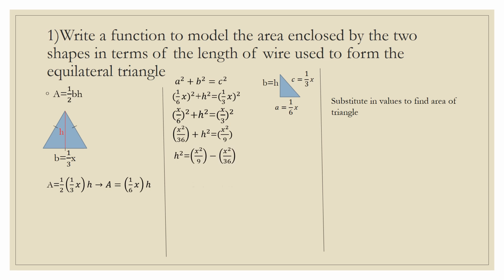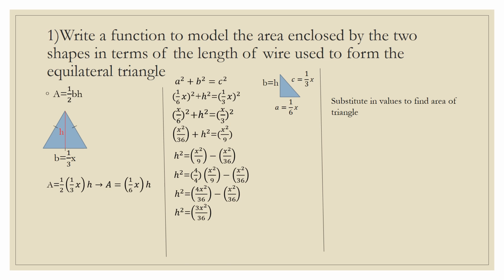Subtract x squared over 36 from both sides to get h squared equals x squared over 9 minus x squared over 36. In order to subtract, we must find a common denominator, so multiply x squared over 9 by 4 over 4. This gives us h squared equals 4x squared over 36 minus x squared over 36, which simplifies to h squared equals 3x squared over 36.